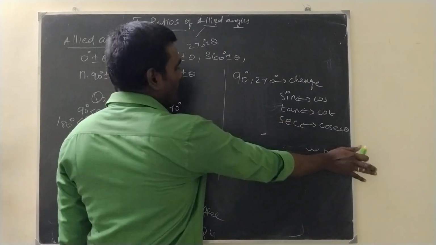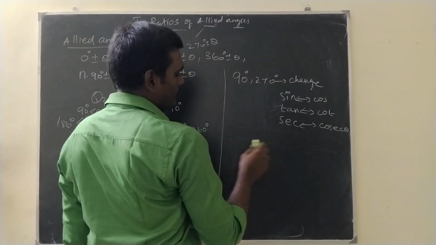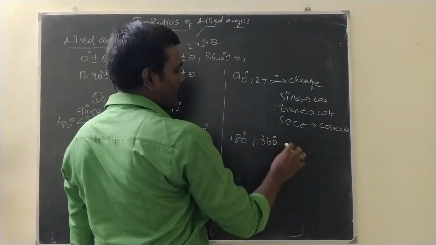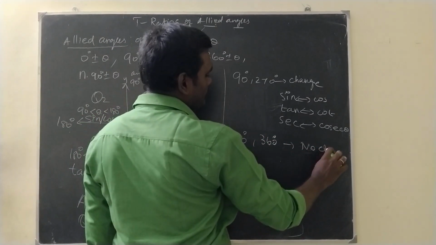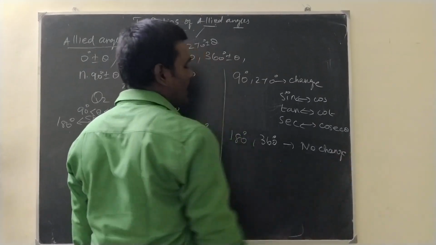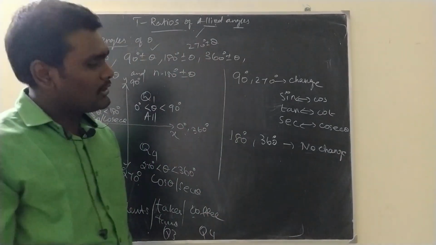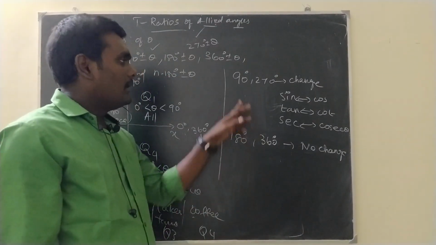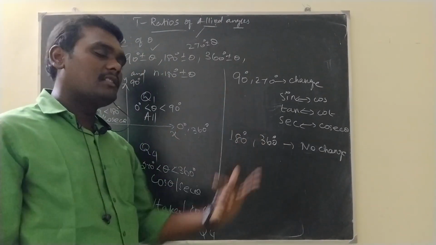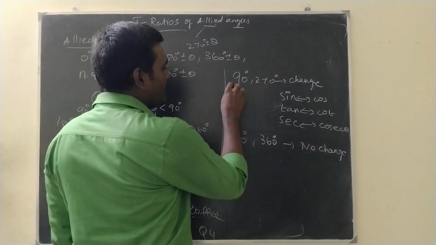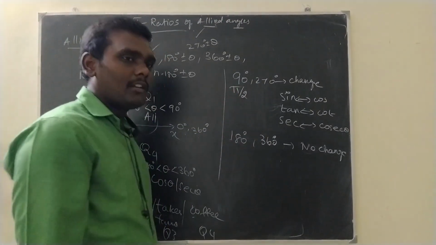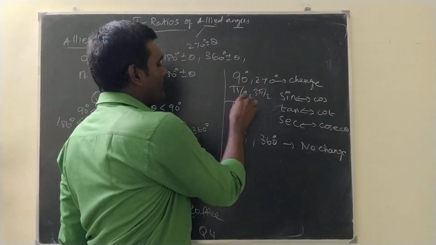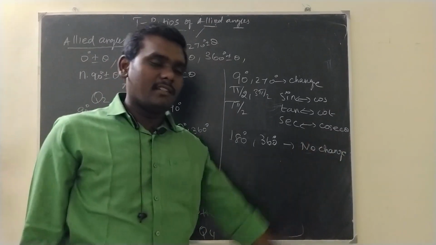Now, when there will be no change: when 180 degree and 360 degree are there, there will be no change. The angle will be there as it is. Sine stays sine. Also in radian measure, whenever you see pi by 2 as a part, be it pi by 2 or 3 pi by 2 or 5 pi by 2 or 7 pi by 2, there is a change.